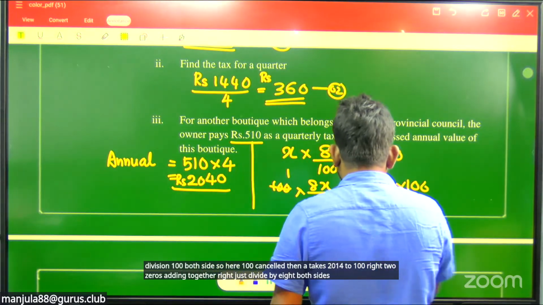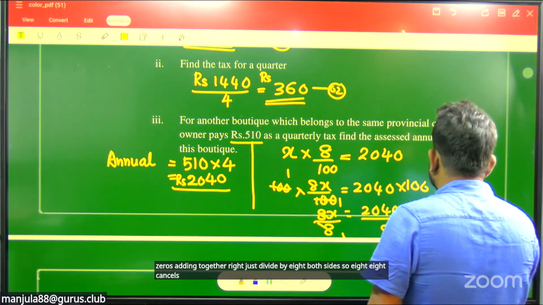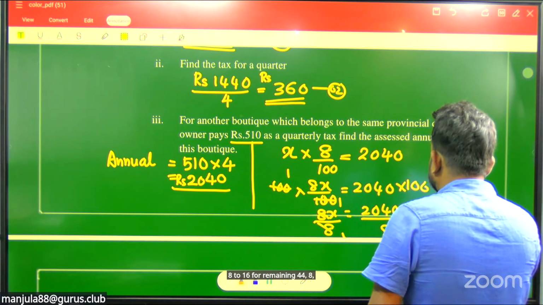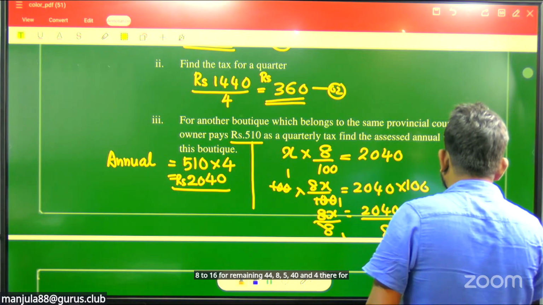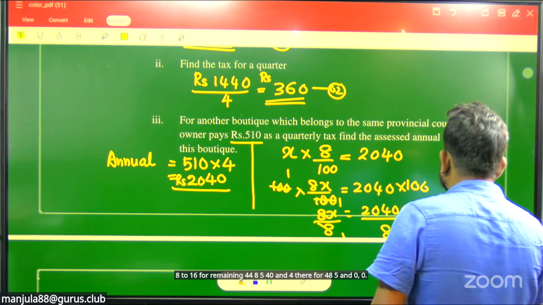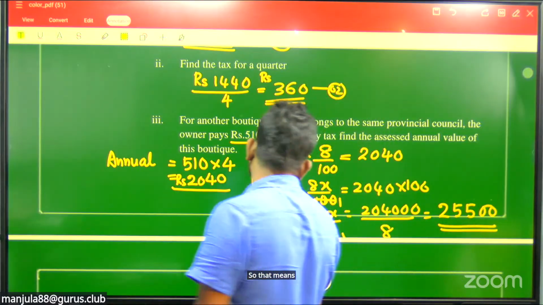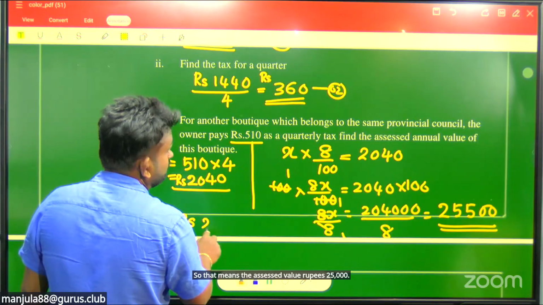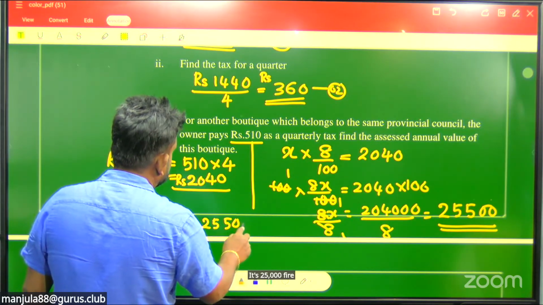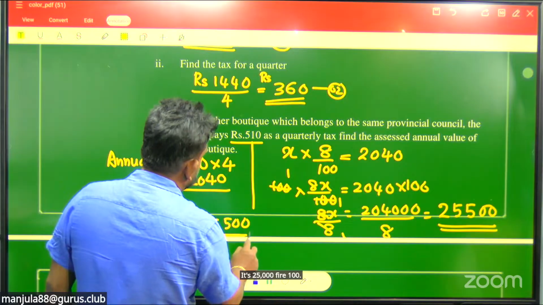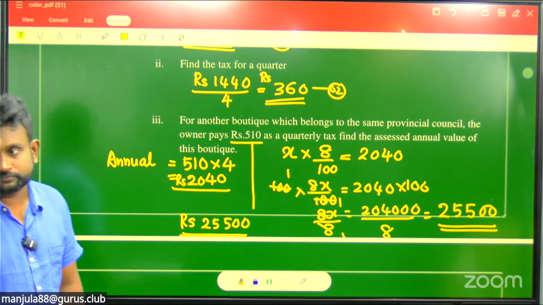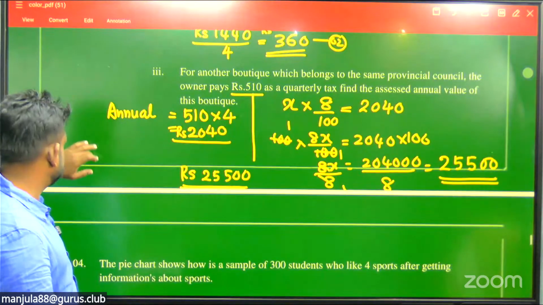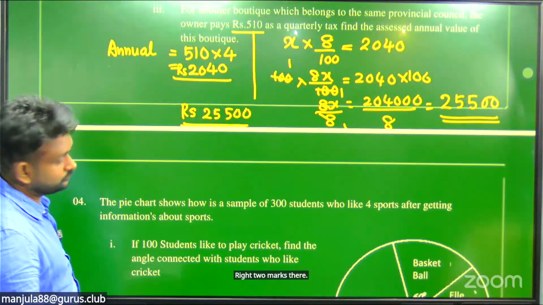So 8 cancels, 8 into 20 is 16, 4 remaining, 8 into 44, 8 into 40... So that means the assessed value is rupees 25,500. Right, 2 marks there. Complete them.